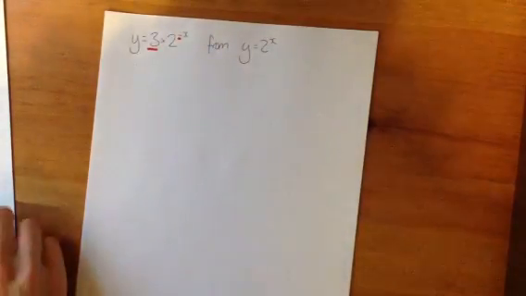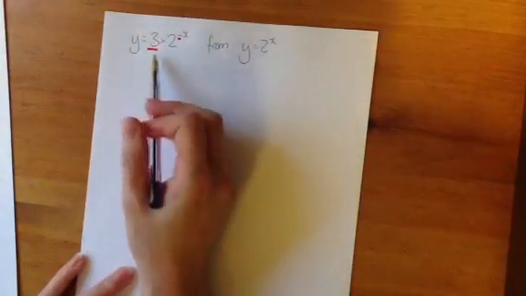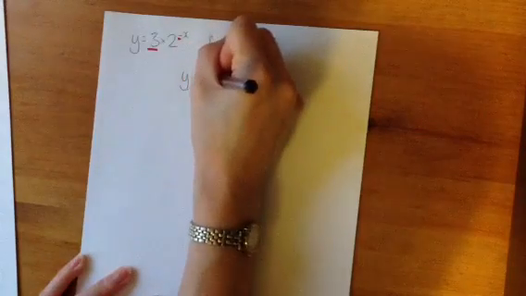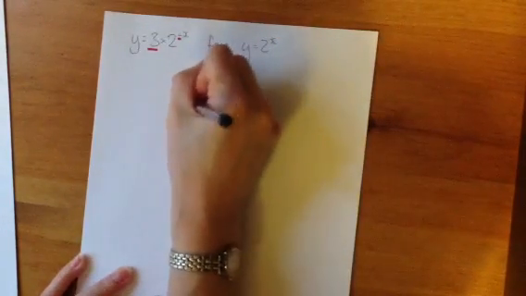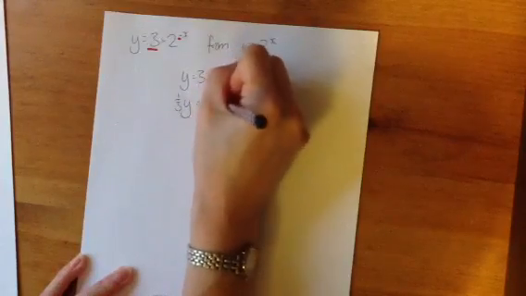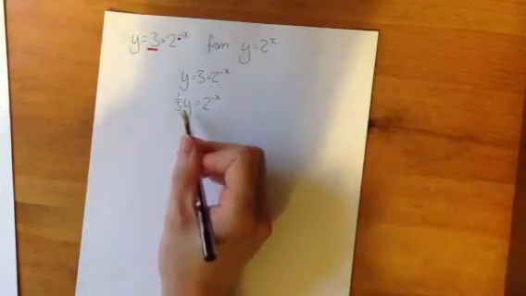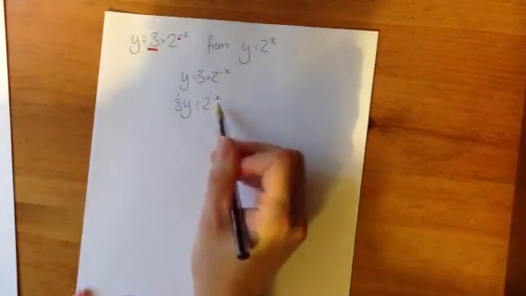So they're the things that we have changed. So if we rewrite this, it might make it slightly easier. So instead of having y equals 3 lots of 2 to the minus x, we're going to make it 1/3 of y is equal to 2 to the minus x, because that way we know how to do this in terms of a transformation.